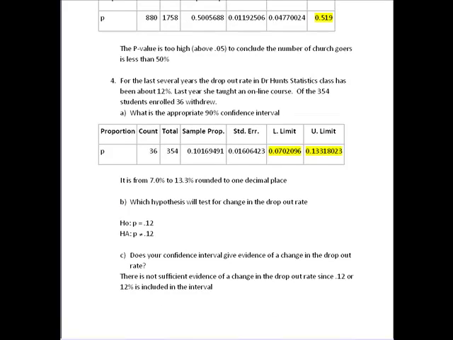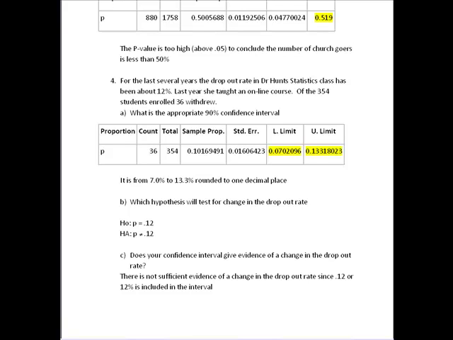Problem 4. For the last several years, the dropout rate in Dr. Hunt's statistics class has been about 12%. Last year, she taught an online course. Of the 354 students enrolled, 36 withdrew.